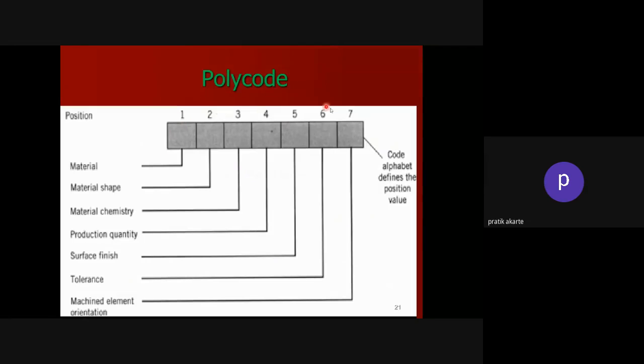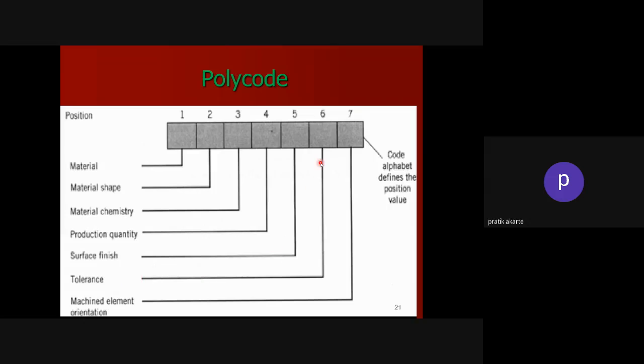So these are positions 1 to 7. The code has some alphabets or some digits. So what is number 1? Number 1 is assigned for the material. Number 2 is for material shape. 3 is for chemistry. The fourth position is assigned to the production quantity. The fifth position is for surface finish.